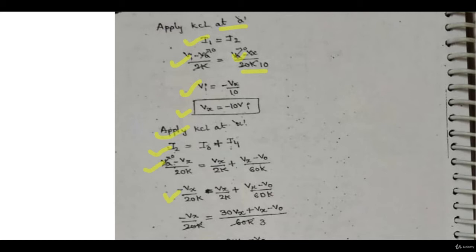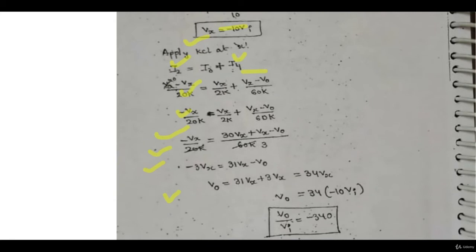So what you will have here is minus Vx divided by 20k is equal to 30 Vx plus Vx minus V0 divided by 60k. If you solve it, you will get minus 3 Vx is equal to 31 Vx minus V0, or V0 is equal to 34 Vx.